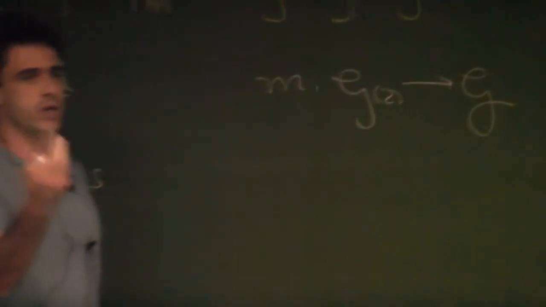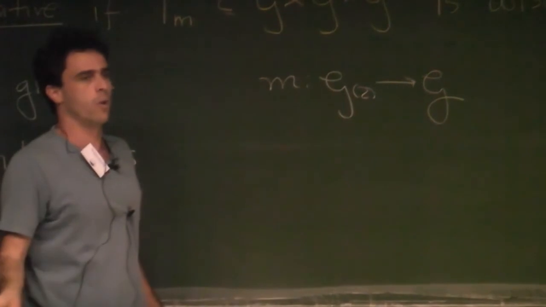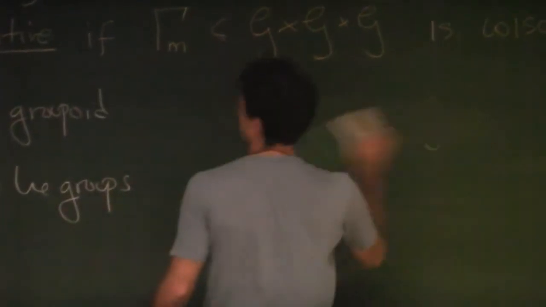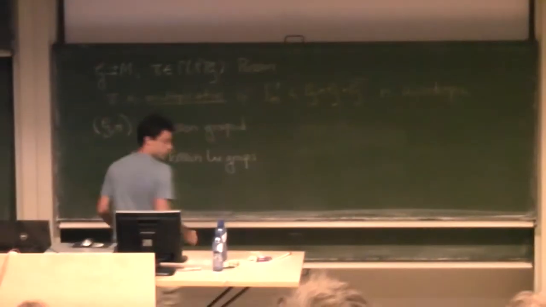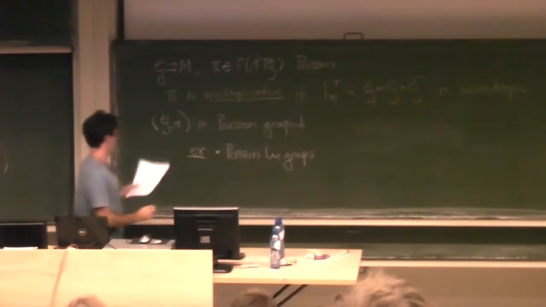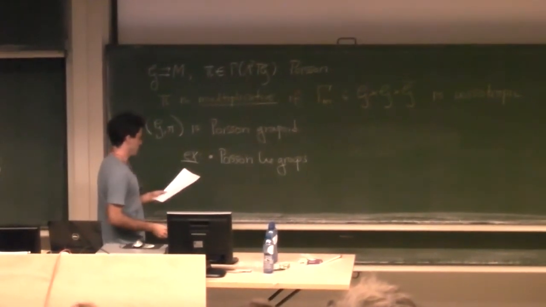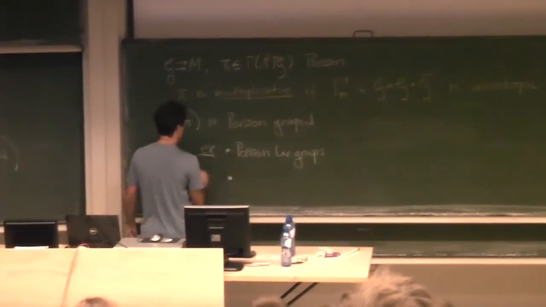Right? Just G times G is a Poisson manifold, but the submanifold you don't know. So the way around it is that you formulate something in terms of the graph. But then for the case of Poisson Lie groups, you actually have a map, and then this just becomes the original definition.